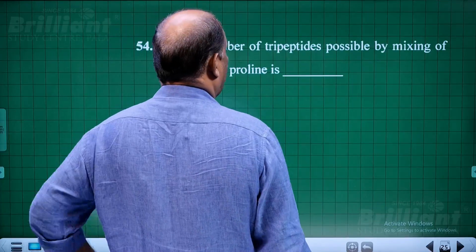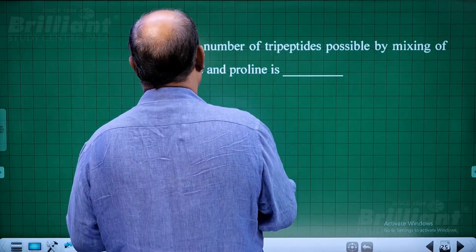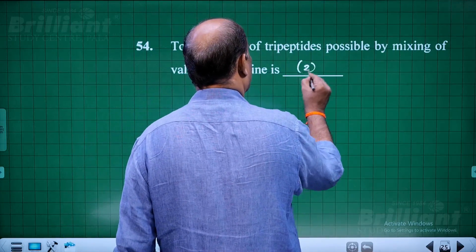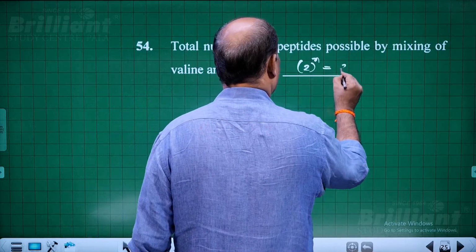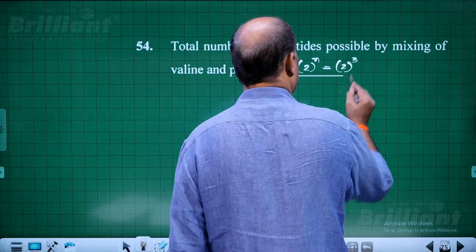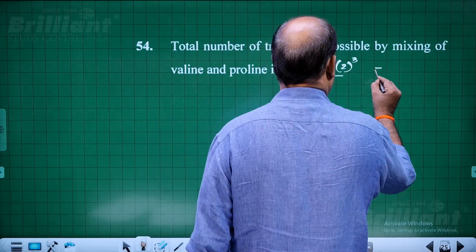Total number of tripeptides possible by mixing valine and another amino acid is 2 to the power of n. Just follow the tripeptide: number of amino acids, number of peptides. This is equal to 8.